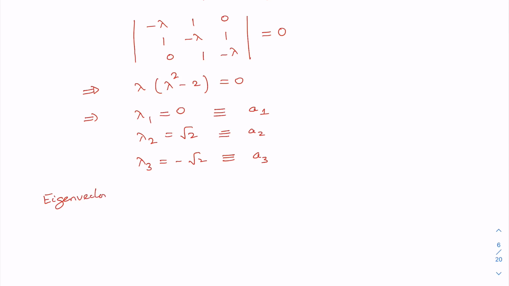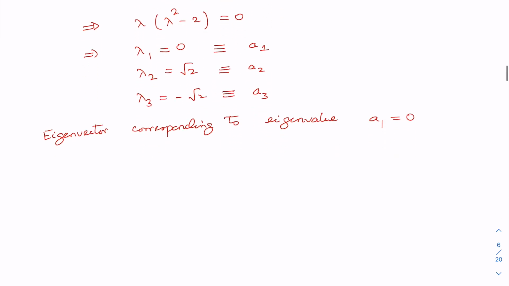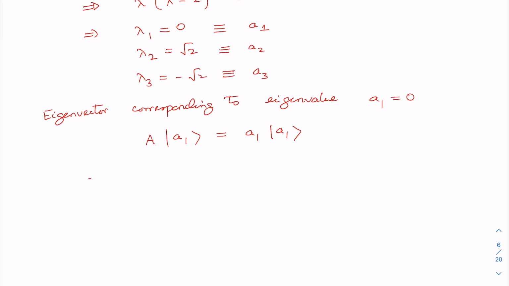So the eigenvector corresponding to eigenvalue A1 equal to 0, I will show you the procedure how to do it. You just have to solve this eigenvalue equation: A acting on ket A1 equals A1 times ket A1, where ket A1 is a column vector and A is [0, 1, 0; 1, 0, 1; 0, 1, 0].